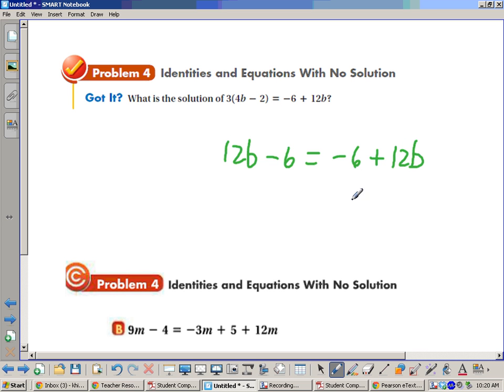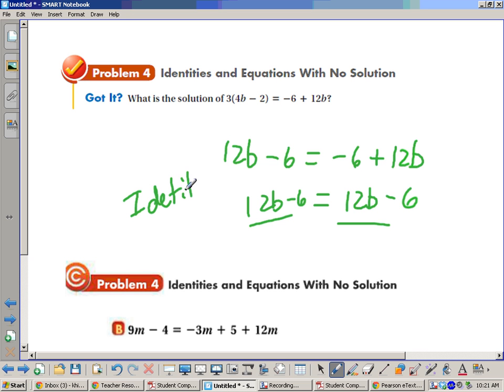So by rewriting this problem, I'm just going to switch these two, and we're going to get 12b minus 6. We can see that we get the same thing on both sides, 12b minus 6. Anytime that happens, this is considered an identity, and that is your answer for the problem.